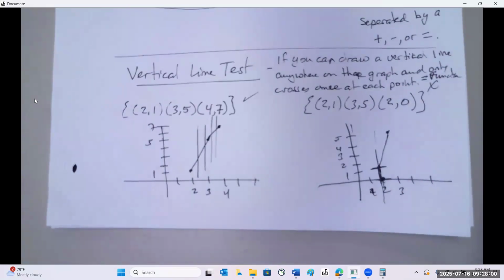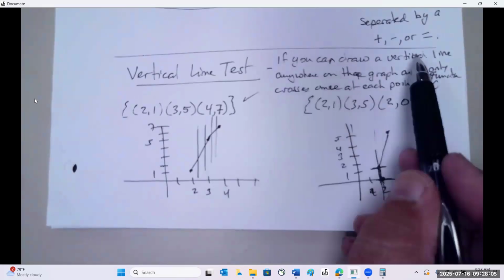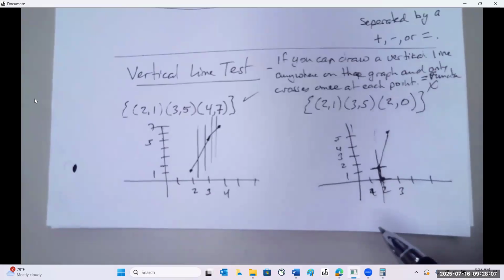Yeah, you have that in your notes. It's on the bottom of one of your pages. So basically it says this: if you draw a vertical line anywhere in your graph and it crosses it more than once, it's not a function.